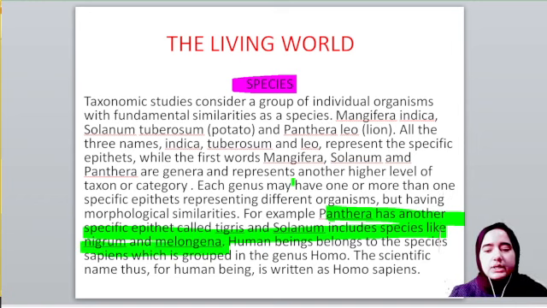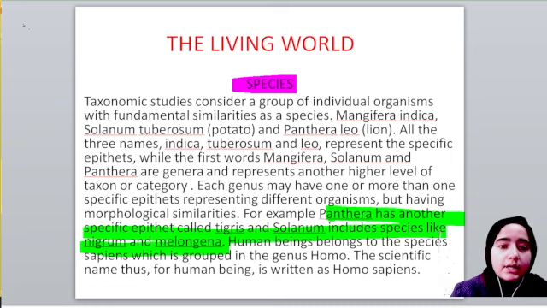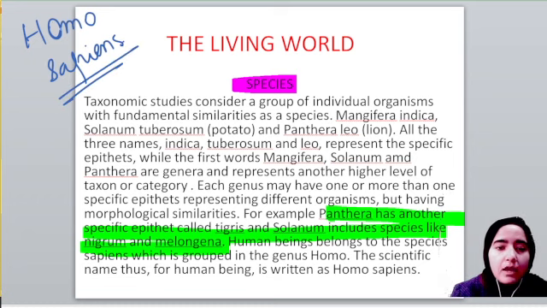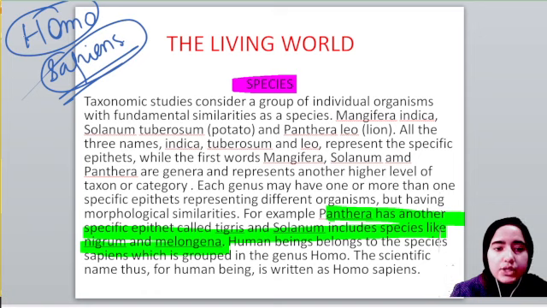We know, as I already mentioned so many times, that human beings belong to the species sapiens. We come under Homo sapiens, right? Homo is genus, sapiens means species.